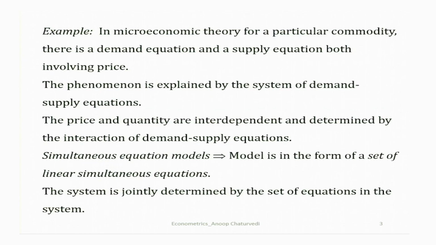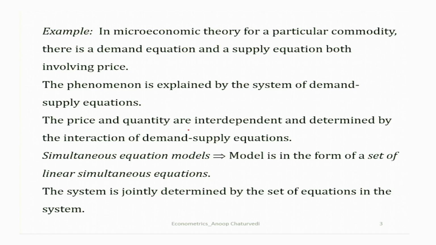Now, we consider some examples. Say in microeconomic theory, for a particular commodity there is a demand equation and then there is a supply equation, and both of these equations involve price. Then the phenomenon is explained by the system of demand and supply equations, and then price and quantity are interdependent. Means it is the quantity which determines price and it is the price which determines quantity also.